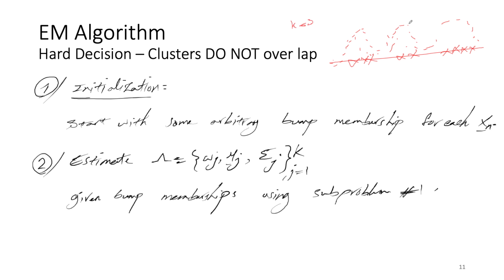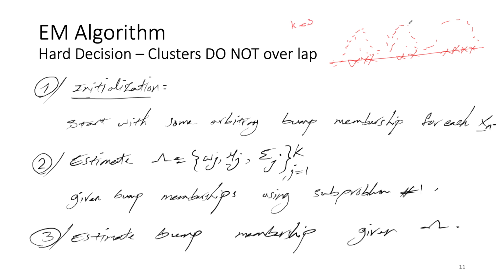For instance, this is 3. And then now the other side of the problem. Now, given this omega that we found, the parameters, estimate the bump membership given that.